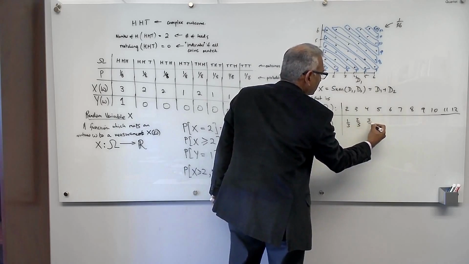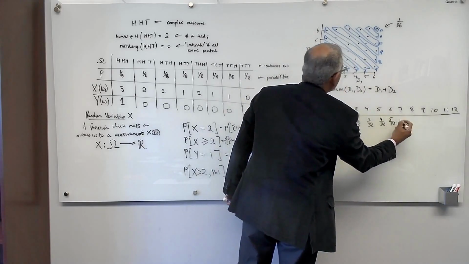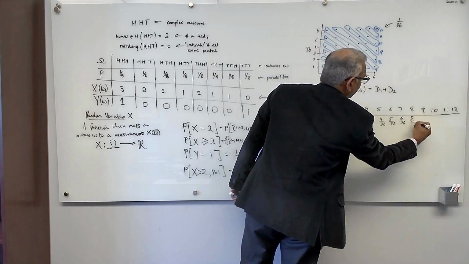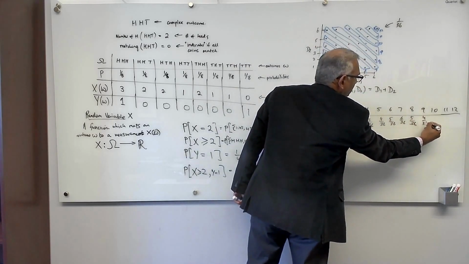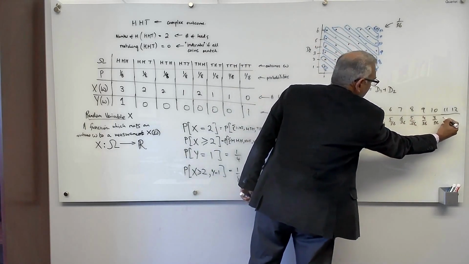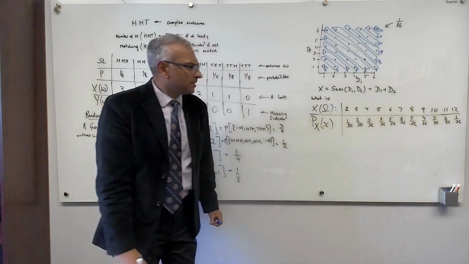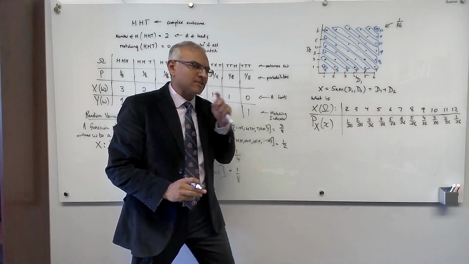Then 3 over 36, 4 over 36, 5 over 36, and then 6 over 36. And then 5 over 36. Now it starts going back down: 4 over 36, 3 over 36, 2 over 36, 1 over 36. Bam! And that's the probability distribution function for the sum of two dice.